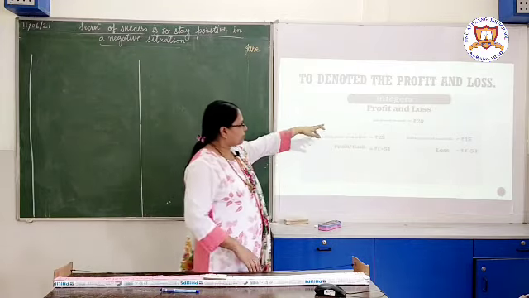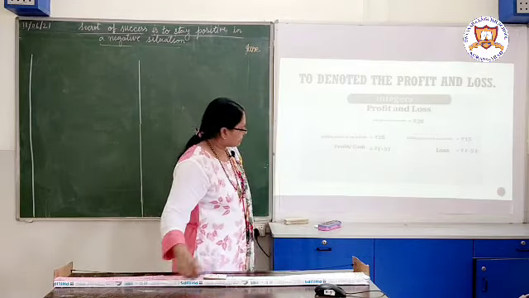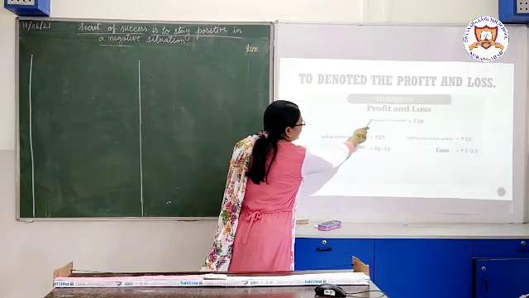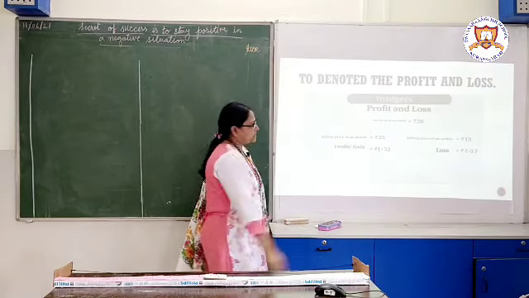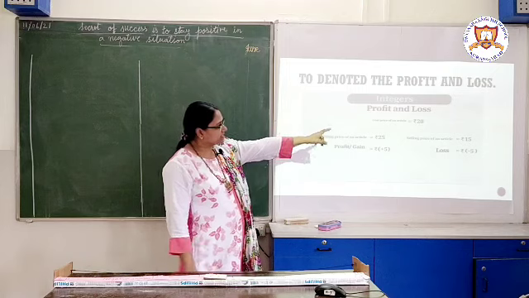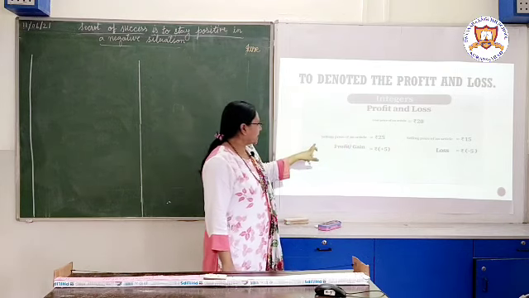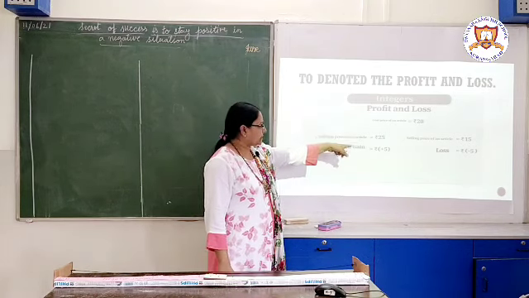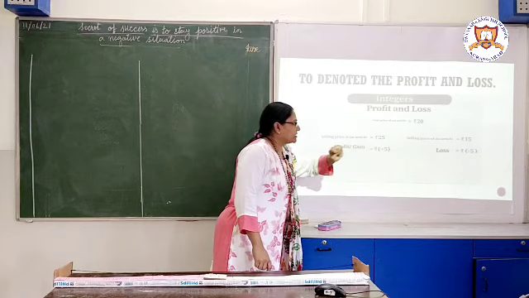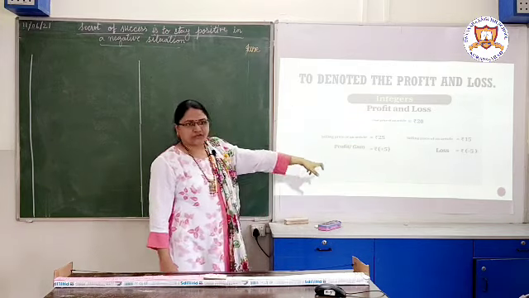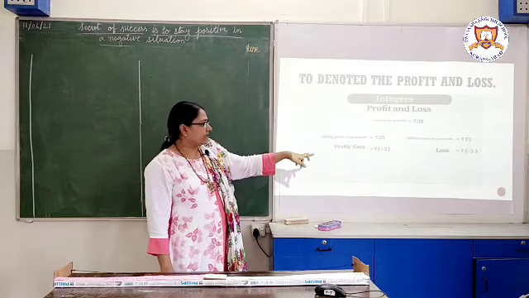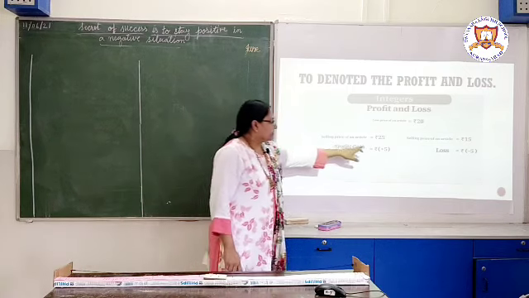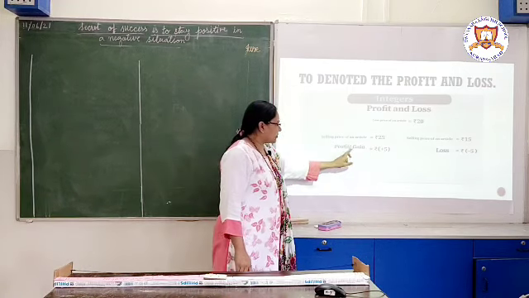Whenever we have a profit, see here, profit and loss. If the cost price of an article is rupees 20, and the selling price of that article is rupees 25, then we have a profit, which means we gain money. How much? Plus 5, because we have a profit.